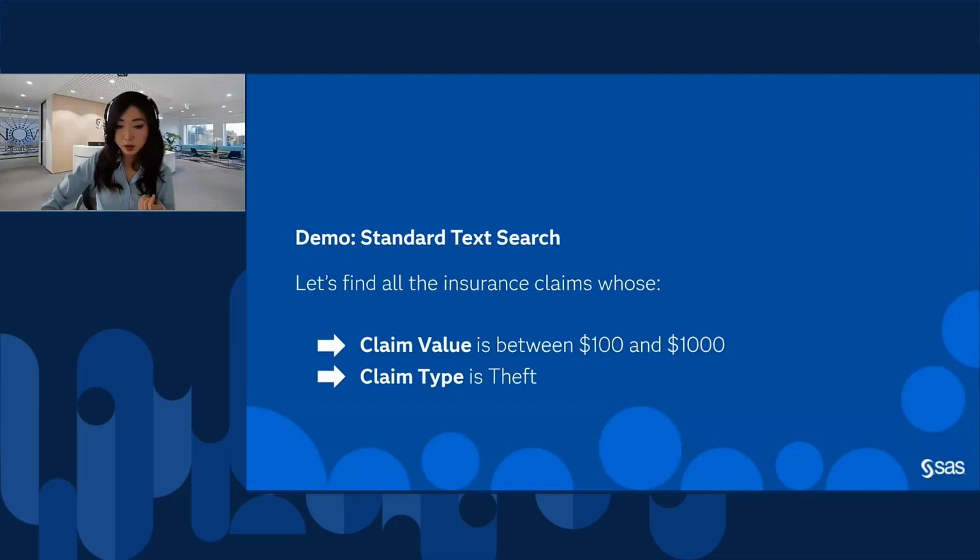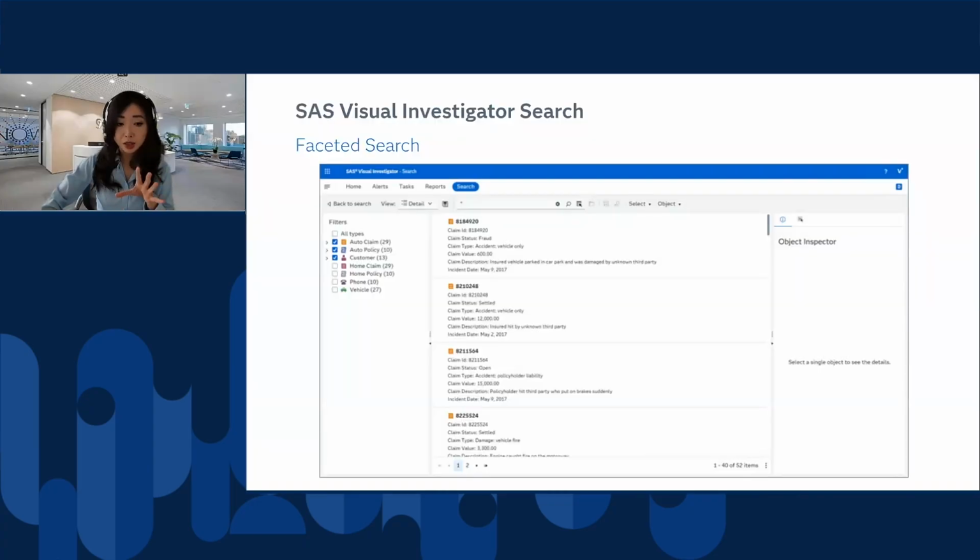You can select one of these checkboxes or multiple checkboxes based on what you want to see. So in this example, I have selected the checkboxes for auto claim, auto policy, and customer. So that means I'm looking at all of the objects of these three object types. And if you notice on the left-hand side here, we have these little sideways arrows, or in other words, chevrons. What that does is that it allows you to further filter on these three different object types, or you can drill down further, if you will.